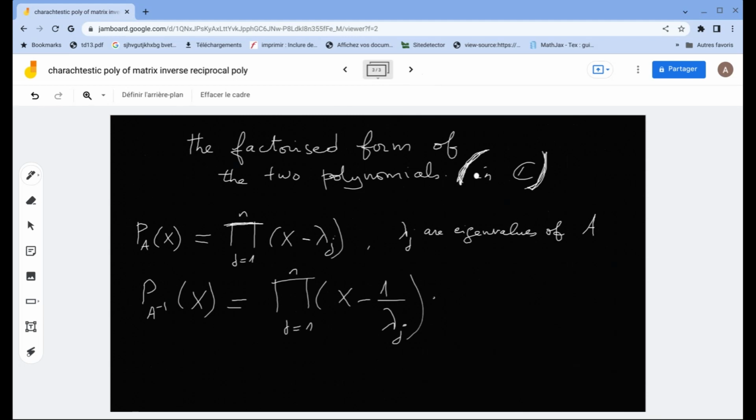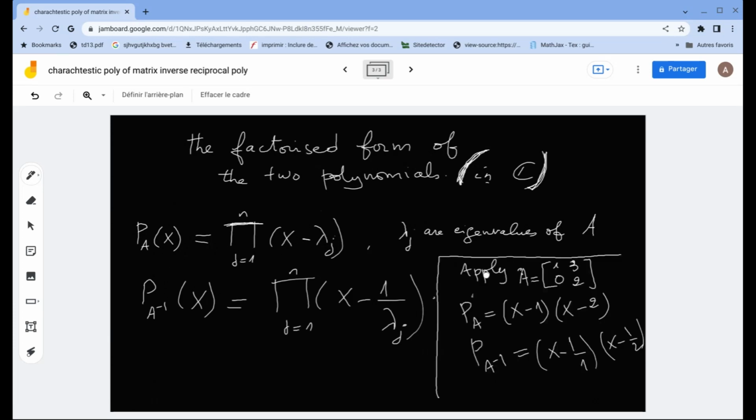If I work in complex numbers, with a matrix with complex entries, then the characteristic polynomial of A splits, and I can write it as the product of x minus the eigenvalues lambda j, where lambda j are the eigenvalues of A. We know that the eigenvalue of the inverse of a matrix is the inverse of the eigenvalue of the matrix.